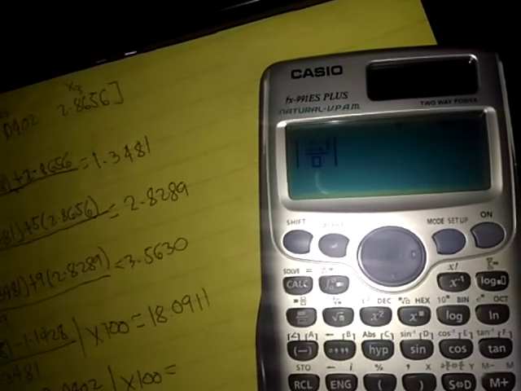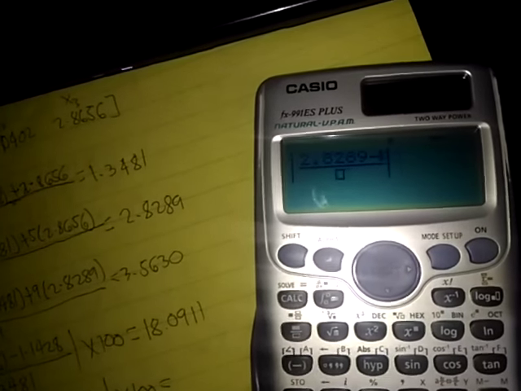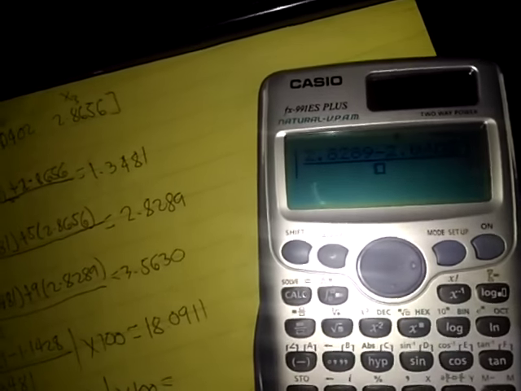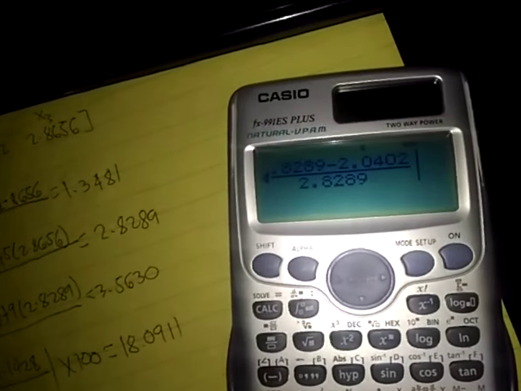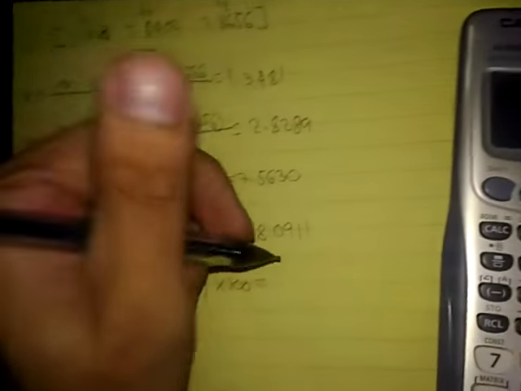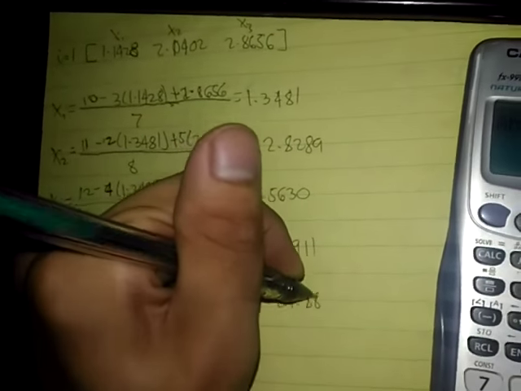So, 2.8289 minus 2.0402 over 2.8289 times 100. So, ang answer natin ay 27.88.